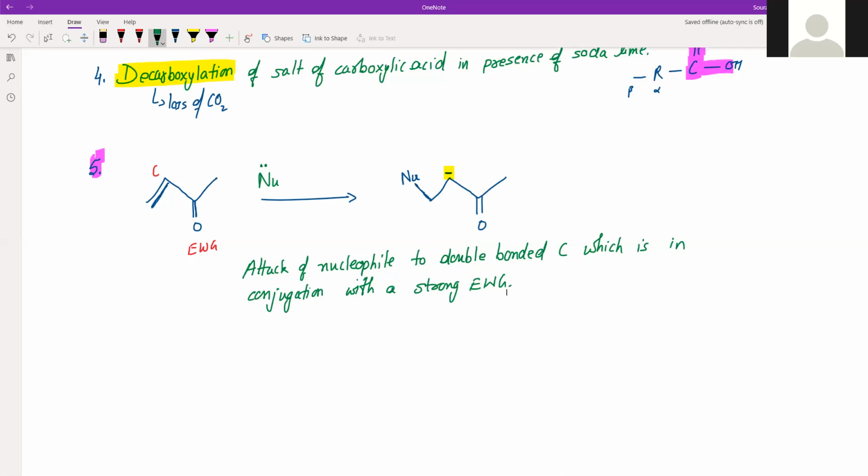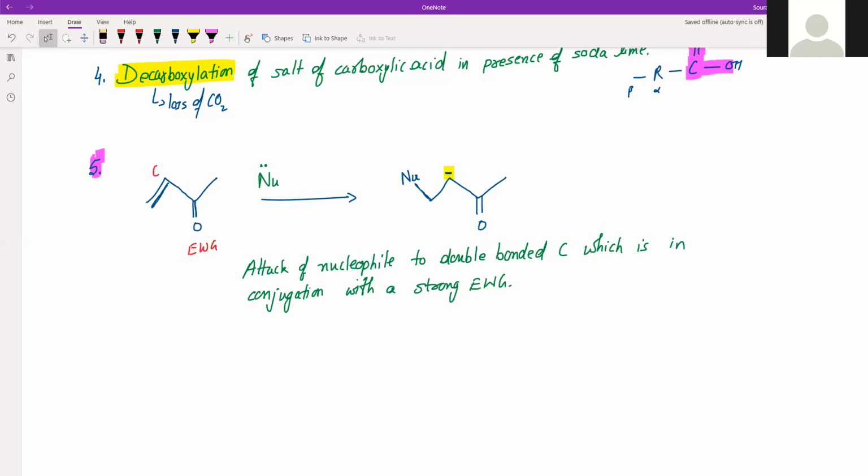Now the same factors which were affecting the stability of carbocations will be affecting the stability of carbanions as well, but because here carbon is having a negative sign, whatever was increasing the stability of carbocation will actually now decrease the stability of carbanion.